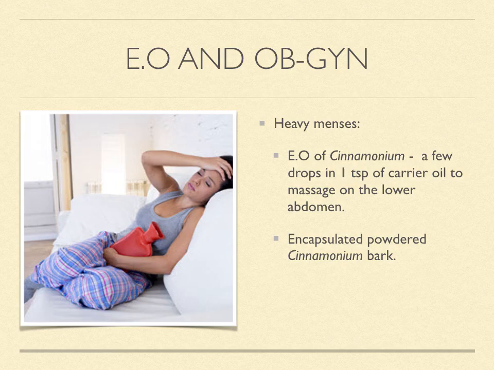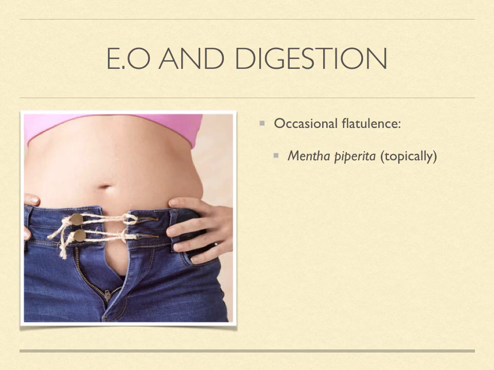Another common place where we use essential oil would be for certain types of digestive complaints. When the person complains of bloating that is occasional in nature, like for example, after they've eaten a large meal, or if they know they have certain food intolerances but ate some of these foods anyway, sometimes around a period it can create more of digestive flatulence as well.